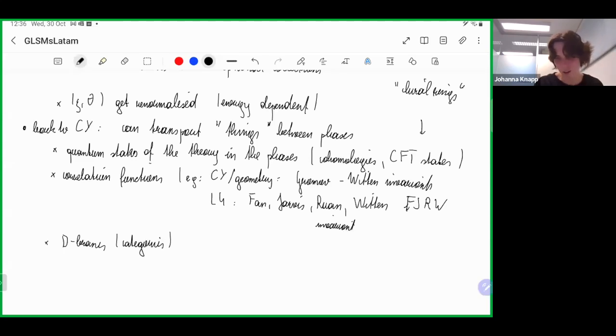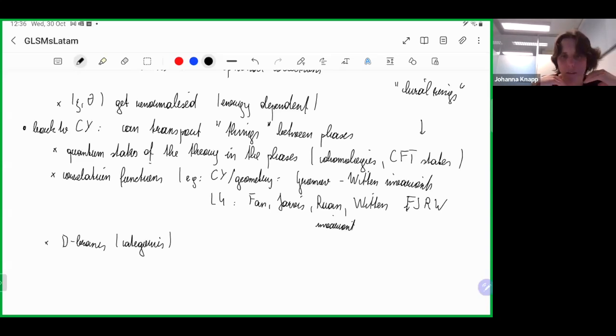So you see that if you have homological mirror symmetry, this is stated as an equivalence of categories. You say that the derived category of coherent sheaves on a Calabi-Yau is mirror to the Fukaya category of the mirror Calabi-Yau, whatever that means.